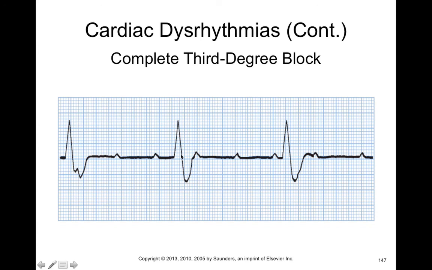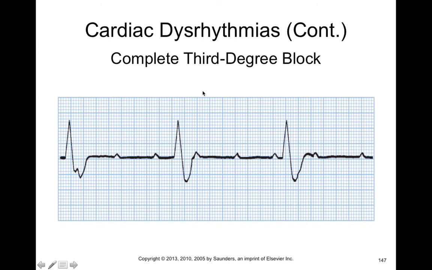And the reason why these QRS waves look more bizarre is that they're occurring independent of atrial activity, which makes them look different. So this third degree block is identifiable because the QRS and T waves just look different than normal, as well as these non-conducted P waves, which altogether tells us that there is a complete dissociation between the atria and ventricles.